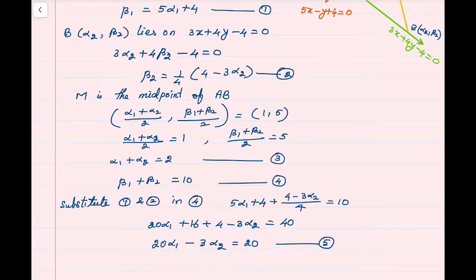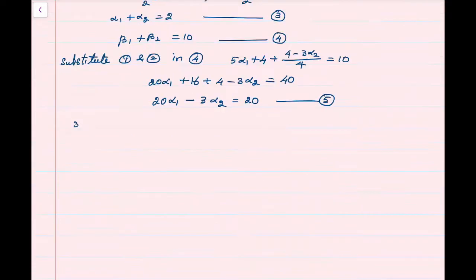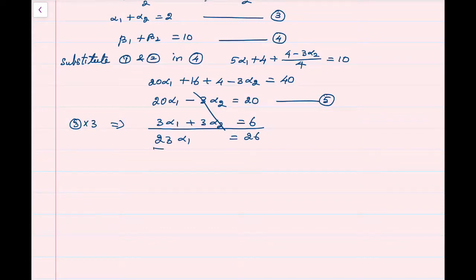We will solve the third and the fifth equations. Let us multiply the third equation by 3. We get 3 alpha 1 plus 3 alpha 2 is equal to 6. These two terms are getting cancelled. 23 alpha 1 is 26. Therefore, alpha 1 is equal to 26 over 23. We will substitute this in the first equation to find beta 1.